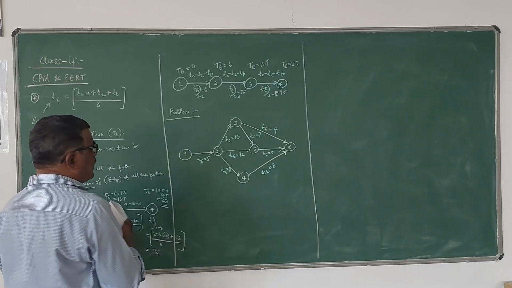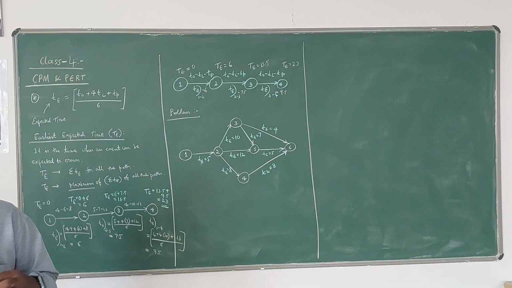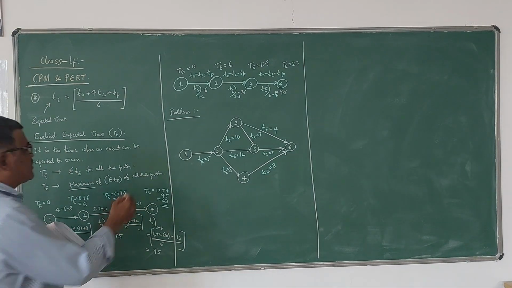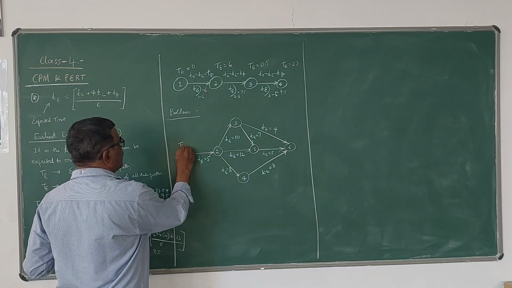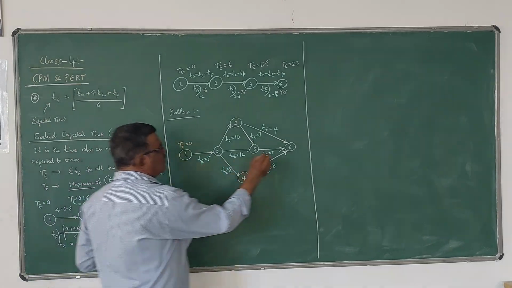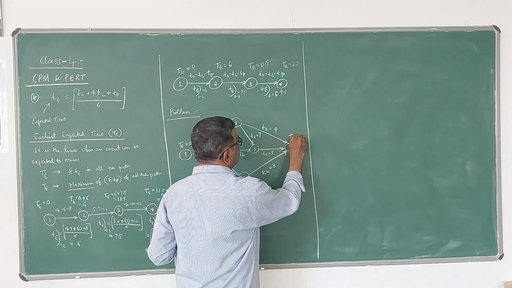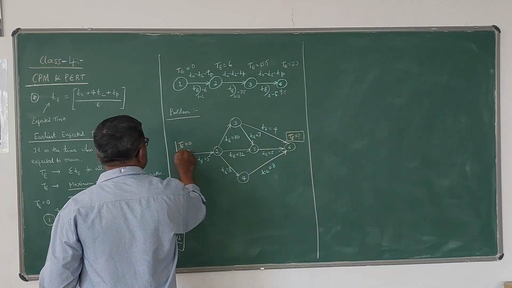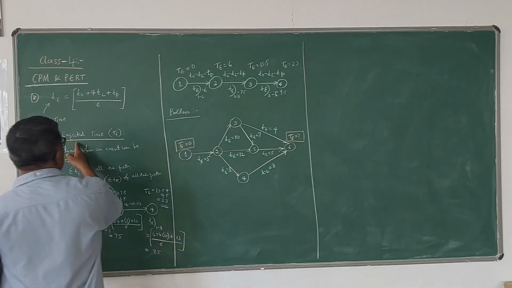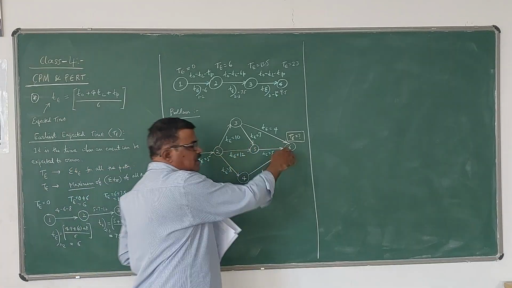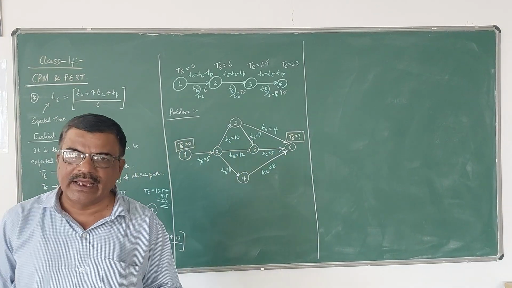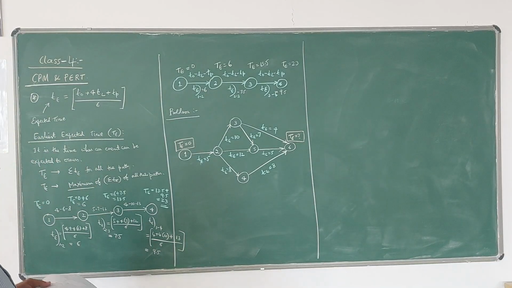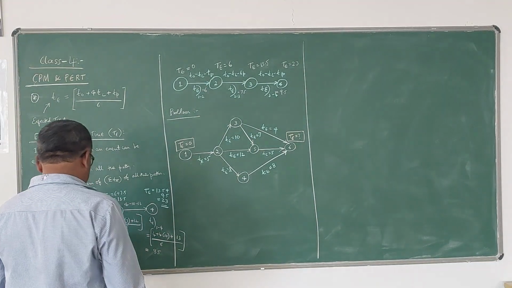Now of course, unless it is specified, you can take the capital Te value for the first event as 0. Now the question is, what is the Te value for the last event? That means, what is the earliest expected time for the completion of the project? Because 6 is the head event, which is the last event in the network.